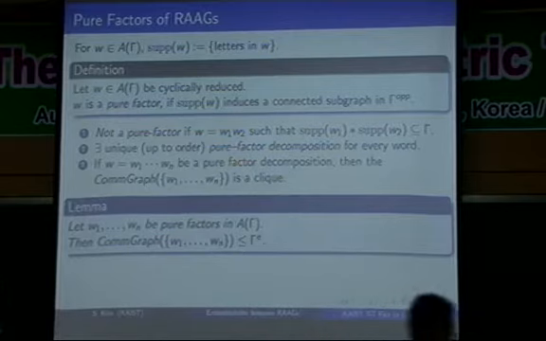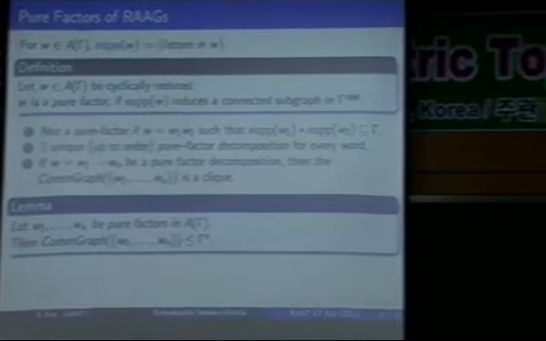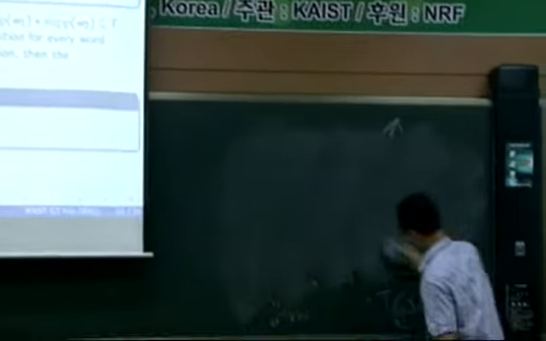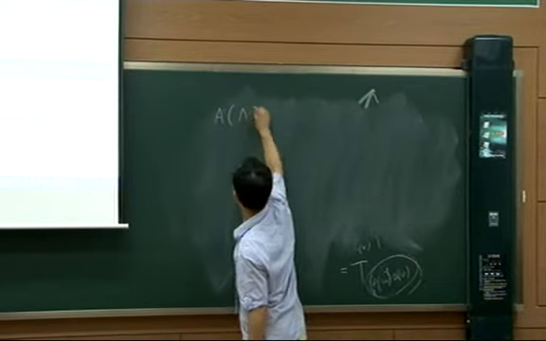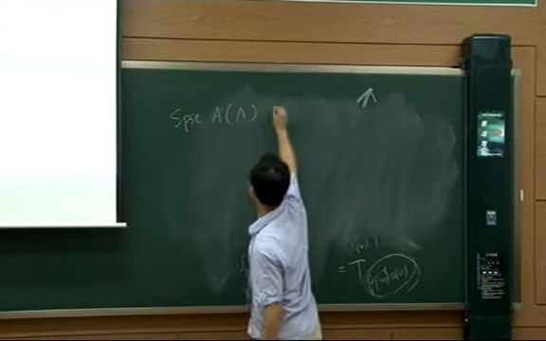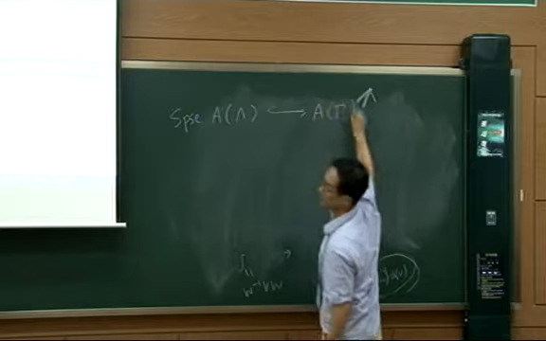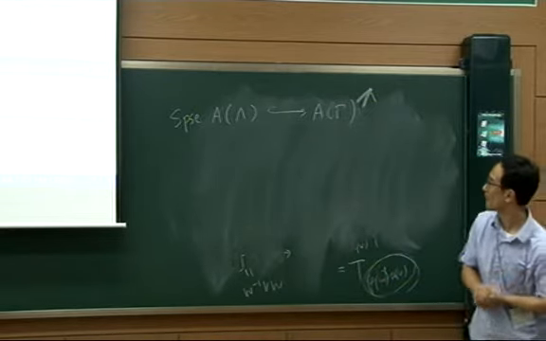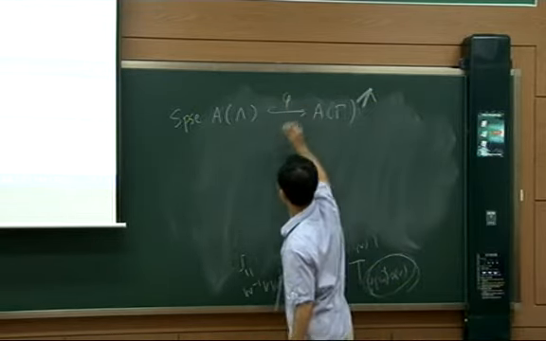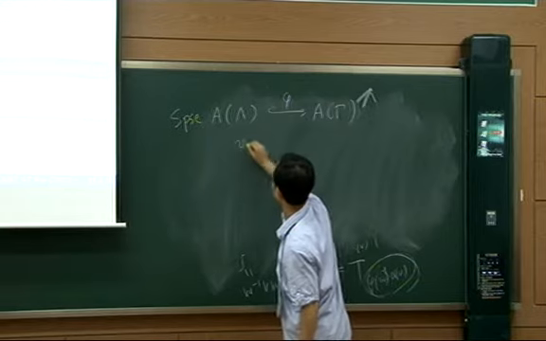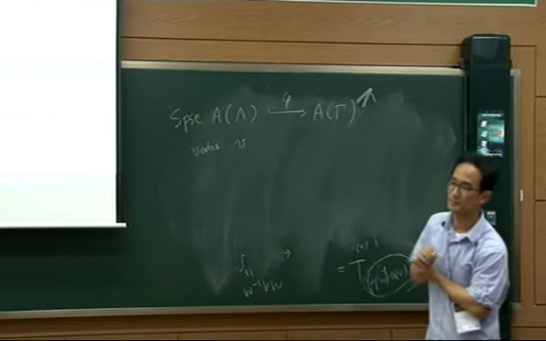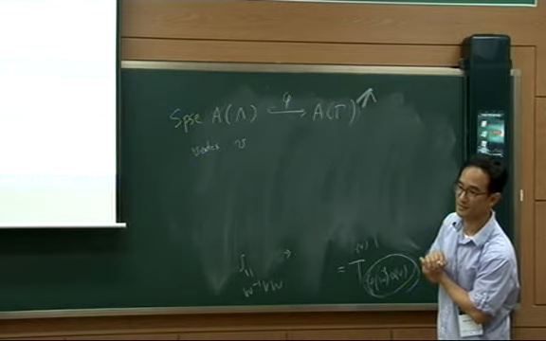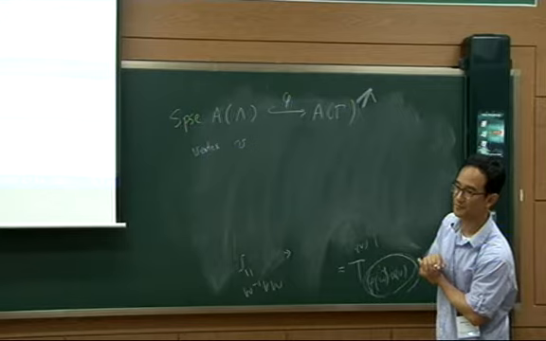So why does it prove Theorem B, or the necessary condition? Now suppose lambda embeds into gamma. In particular, if the complement consists of one component, then you just take any collection of words.